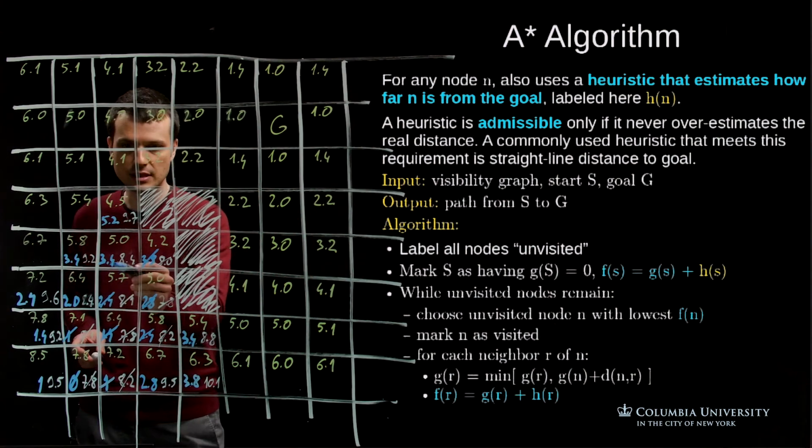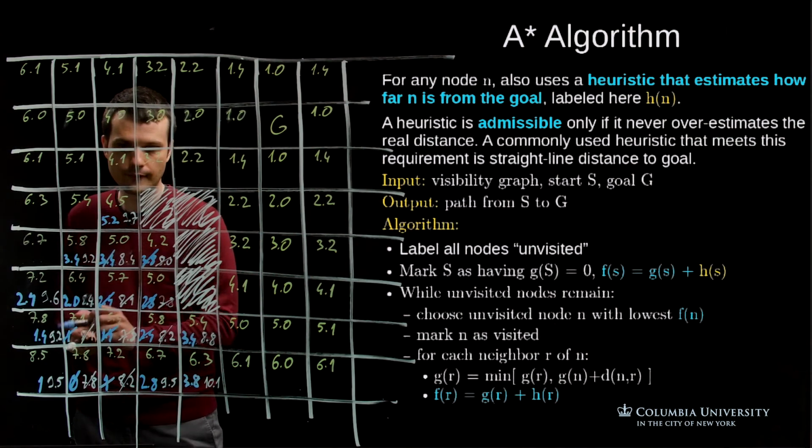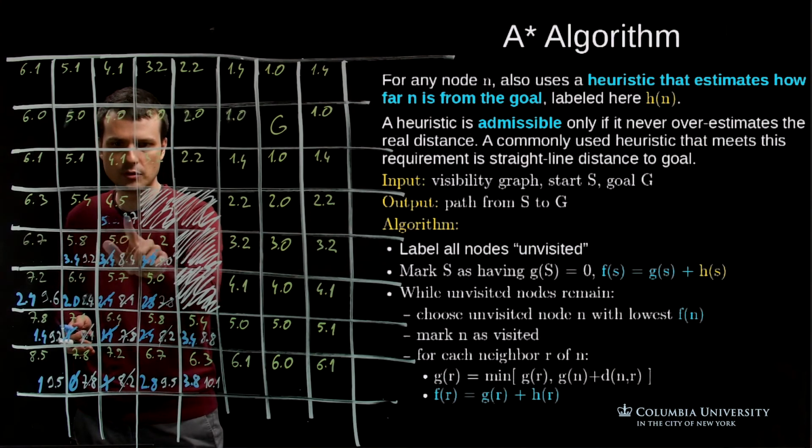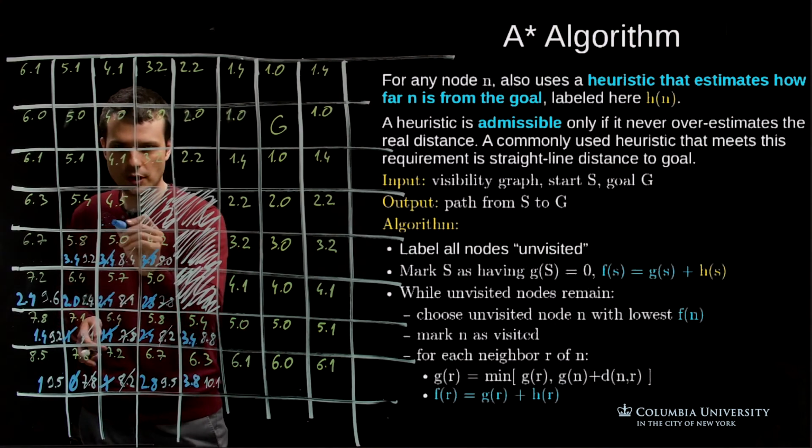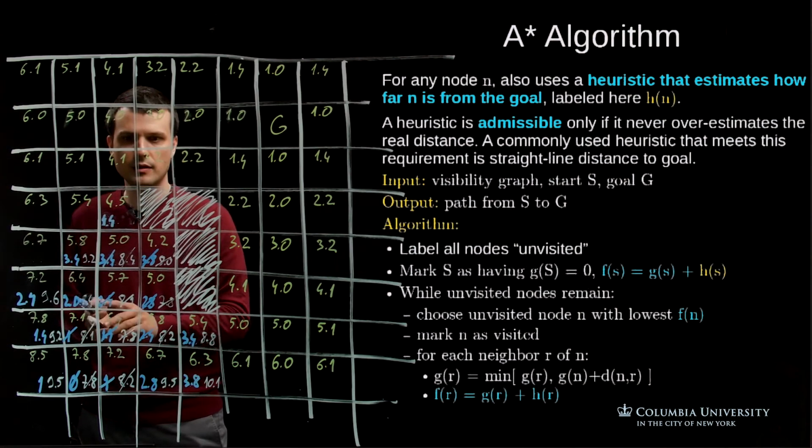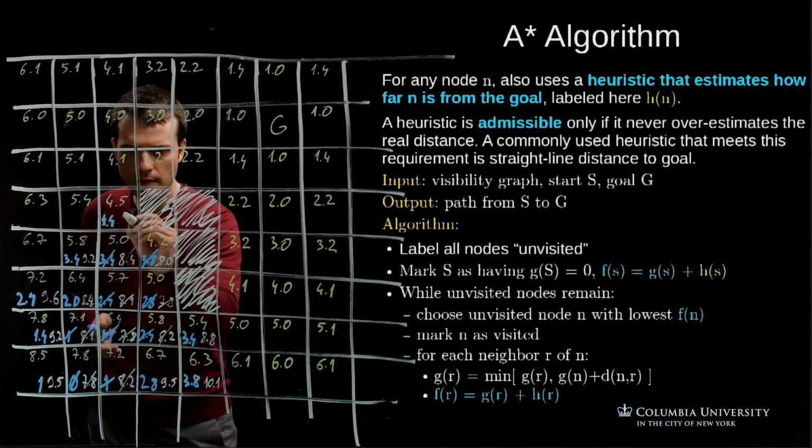Let's say I visit this 8.4. So I can replace these two numbers. So here I'm going to get a 4.4, and here I'm going to get an 8.9.